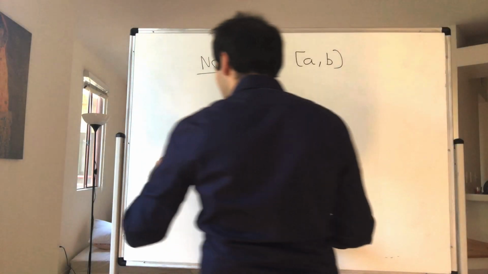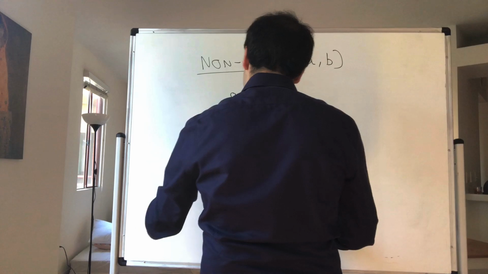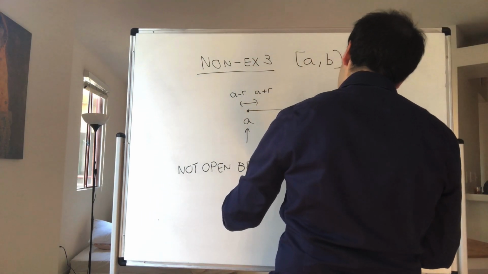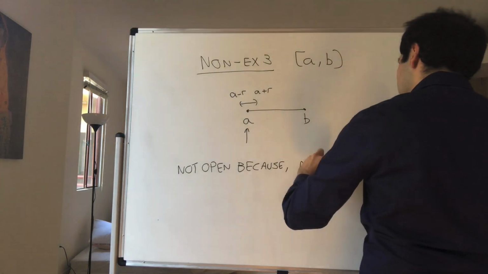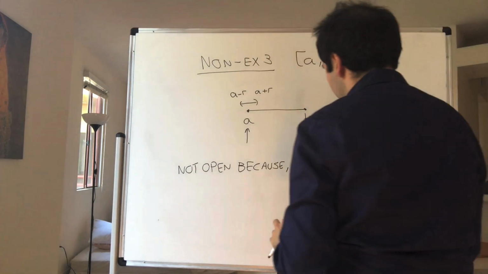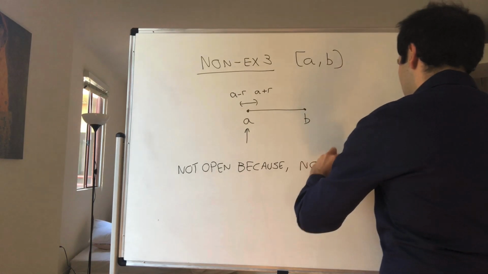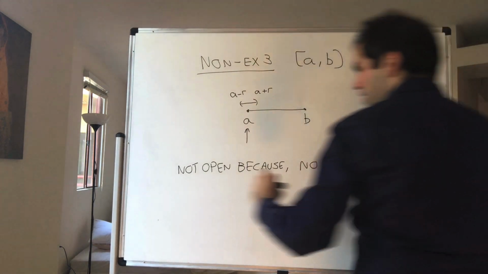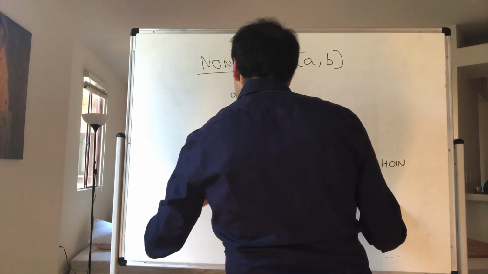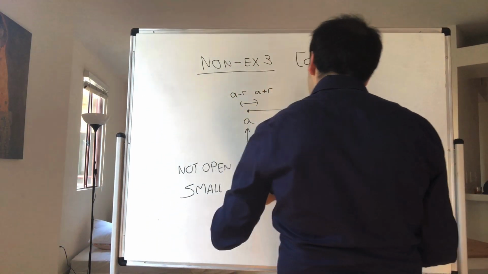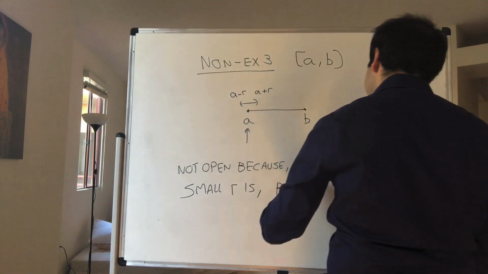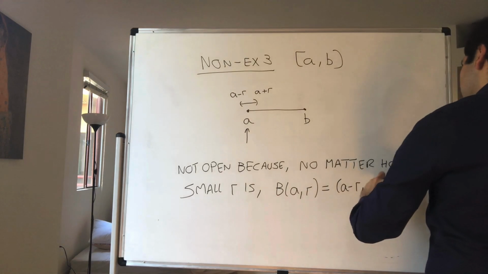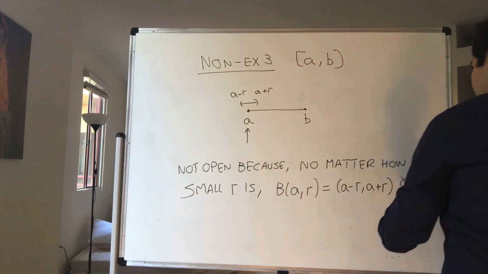So not open, because no matter how small r is, the ball centered at a with radius r, which is (a - r, a + r), is not included in your interval.